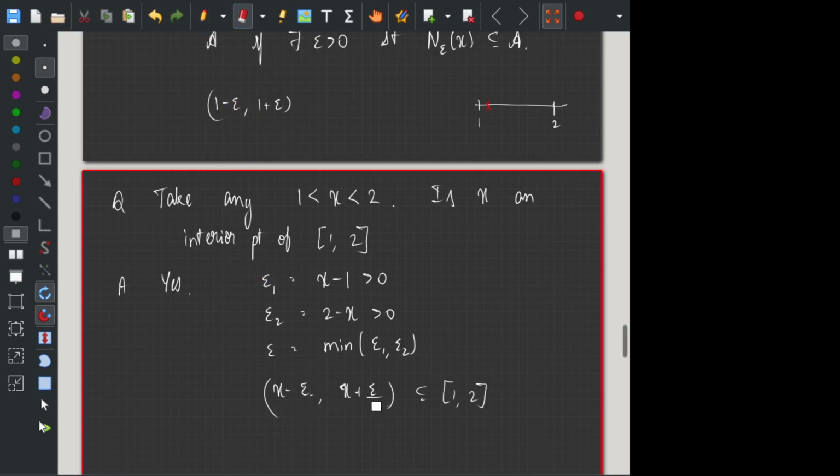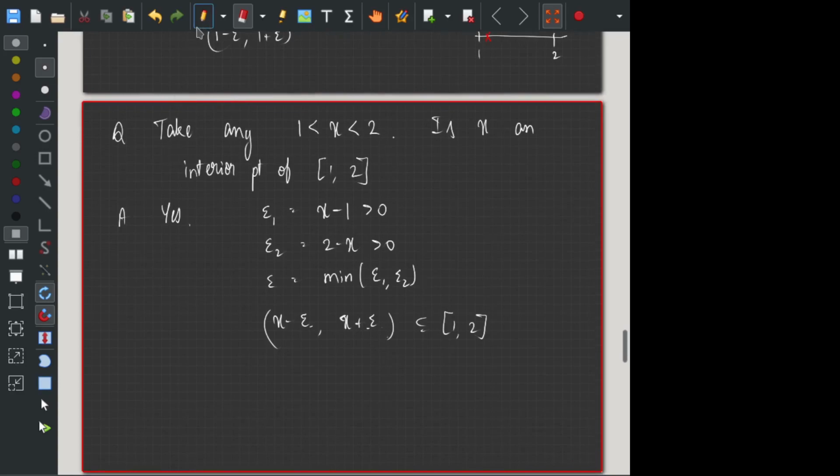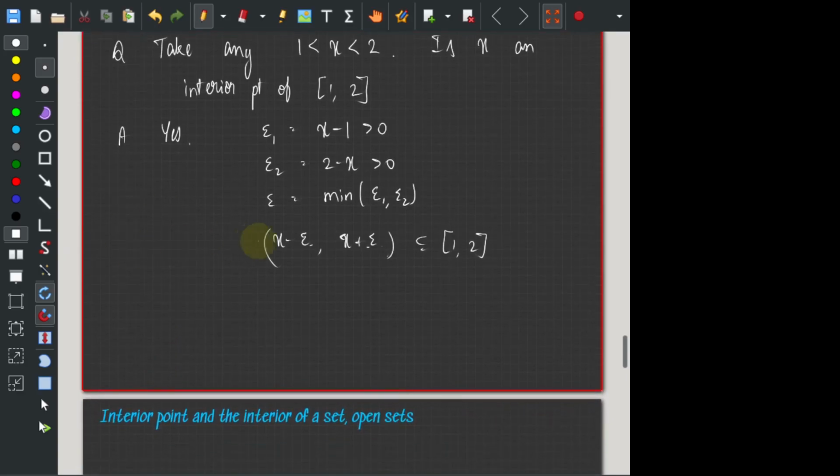So anything less than or equal to epsilon is fine. One thing that should be clear is that an interior point should always be a point within the set, right? That's important to note.